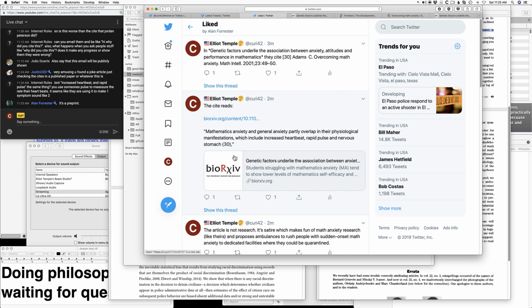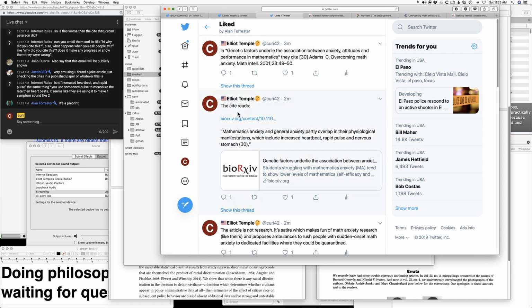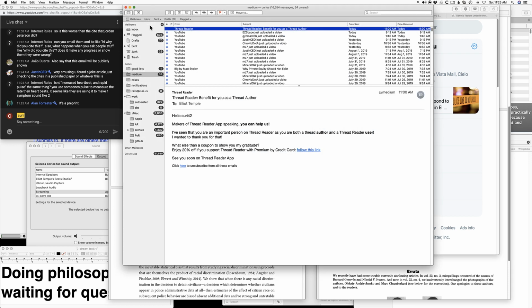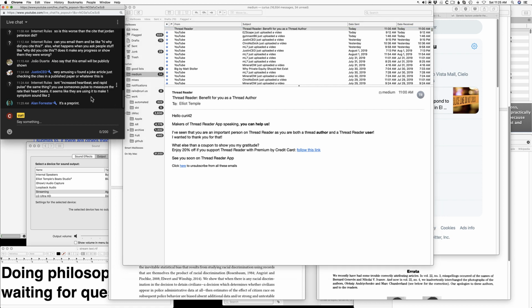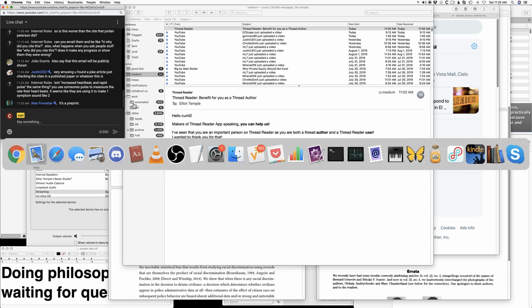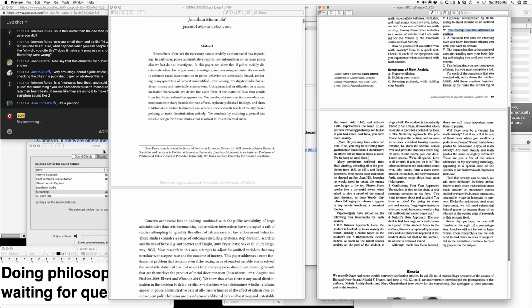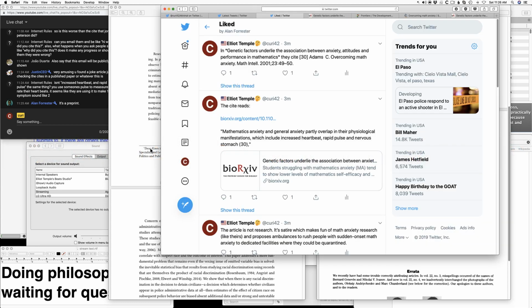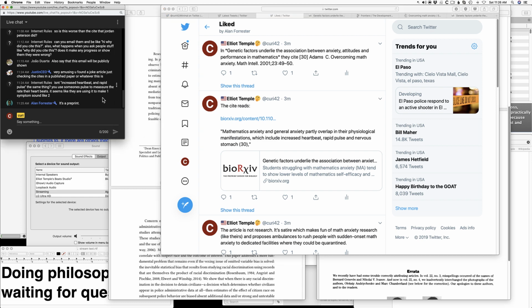Yeah, I think it being a preprint is no excuse. Increased heartbeat and rapid pulse, the same thing. Yeah, they're basically the same thing. That is a good point. Like you could measure them separately, I guess.